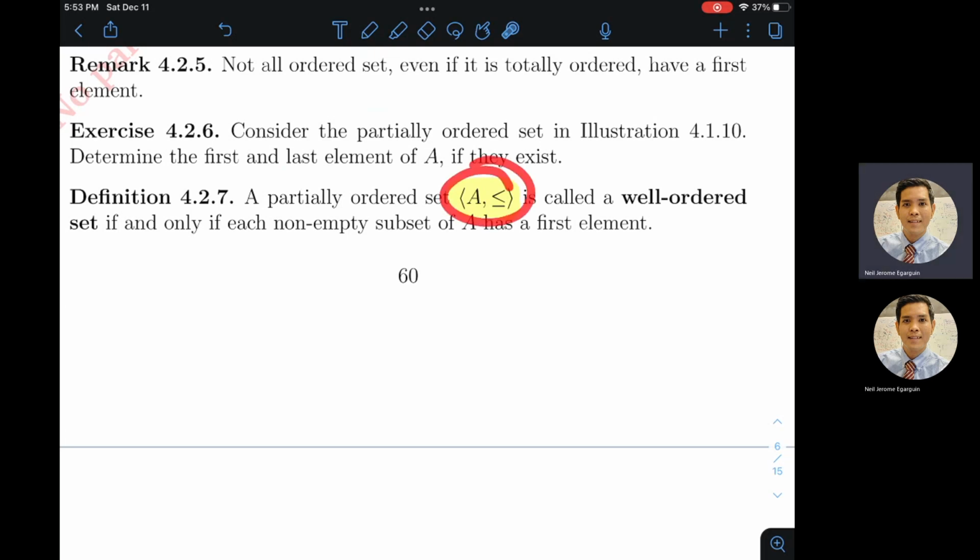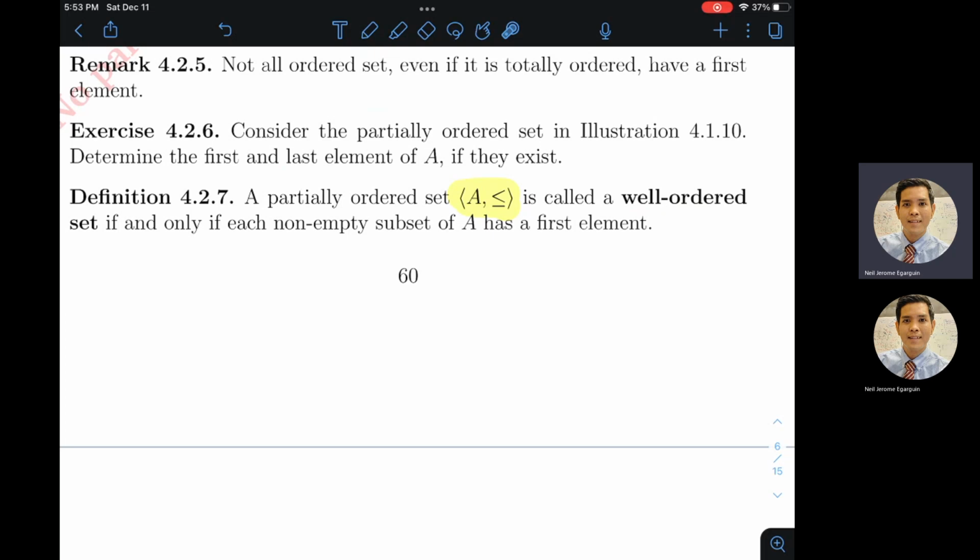So kung meron tayong partial order, tapos kinuha natin yung kahit anong non-empty subset ni A, tas laging may first element yung non-empty subset na yon, then we will have a well-ordered set. So medyo mas restrictive to kaysa dun sa pagiging isang partial order or total order. Yung mga partial orders at mga total orders, hindi necessarily meron silang first element.